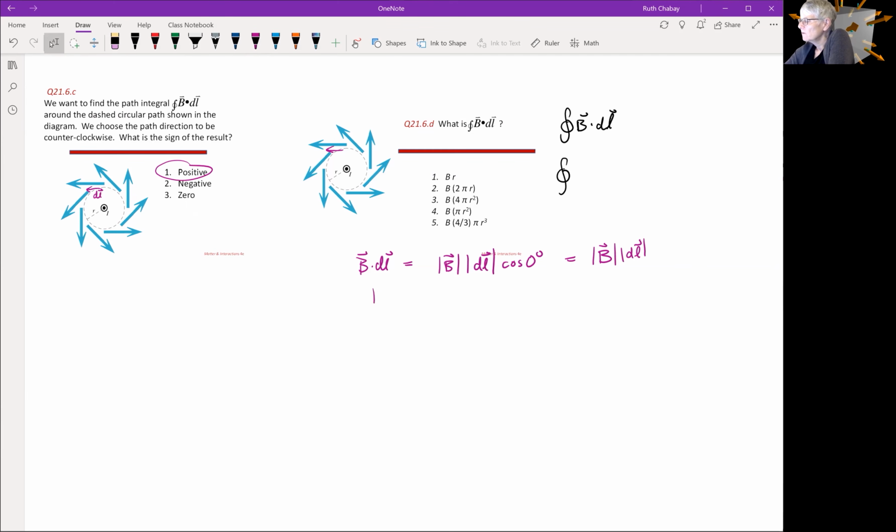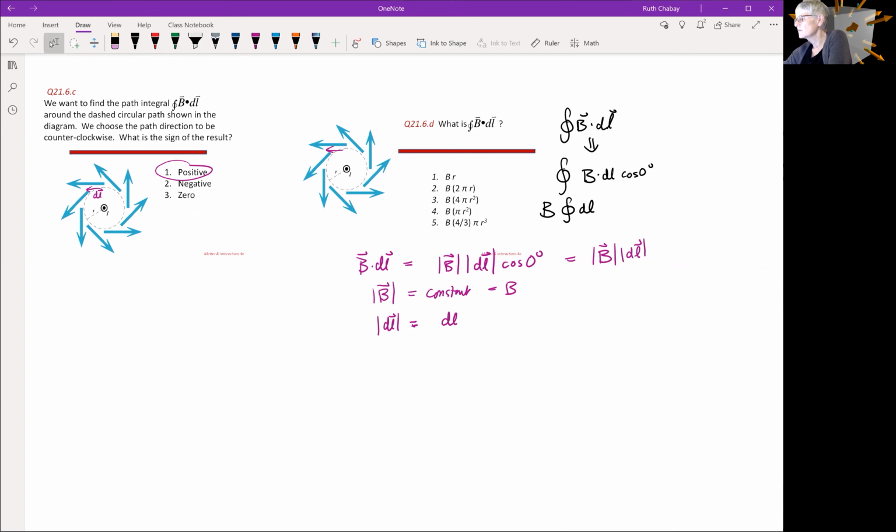Well, note that the magnitude of B is a constant. We'll just say B. And the magnitude of dl is just dl. So this integral actually converts to B times dl, no longer vectors, with cosine 0 degrees. And since B is constant, we can take it outside the integral.